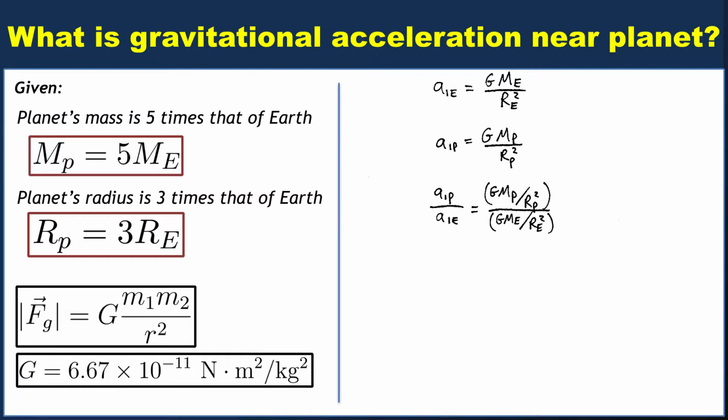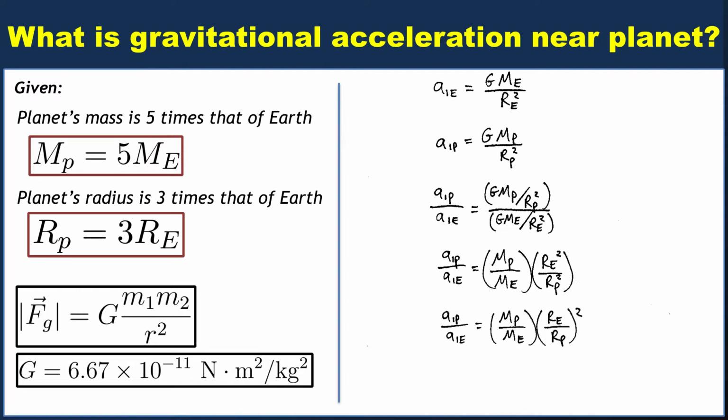The remaining terms, however, become m_p divided by m_e, the ratio of the two masses, times r_e squared divided by r_p squared. And that's often where students make mistakes in problems like this. Since they're inverse square laws, the nested fraction means that r_e squared goes to the numerator, r_p squared goes to the denominator. You have to be careful when doing these. We can move the square outside the parentheses surrounding the ratio of the radii, so we do that.